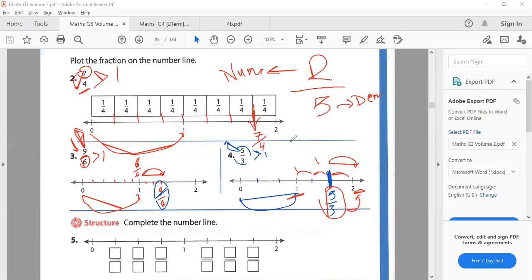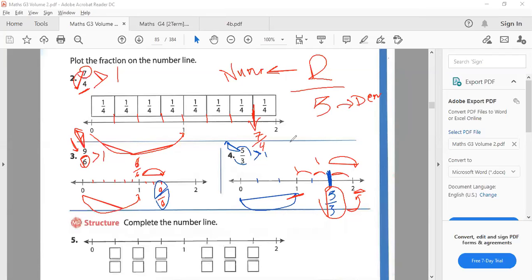As a summary for the previous two lessons, I need you to know that if the fraction has a greater numerator than denominator, it will be greater than 1, like today.